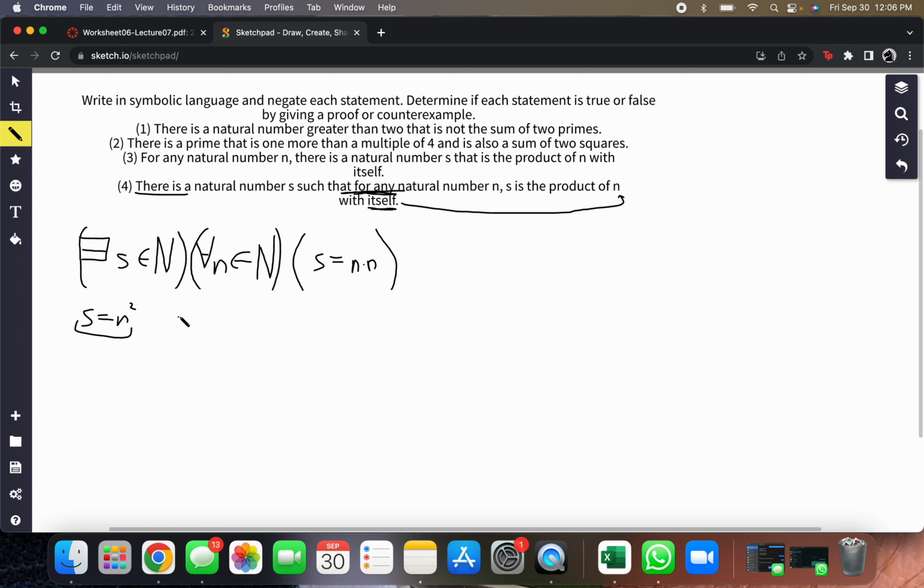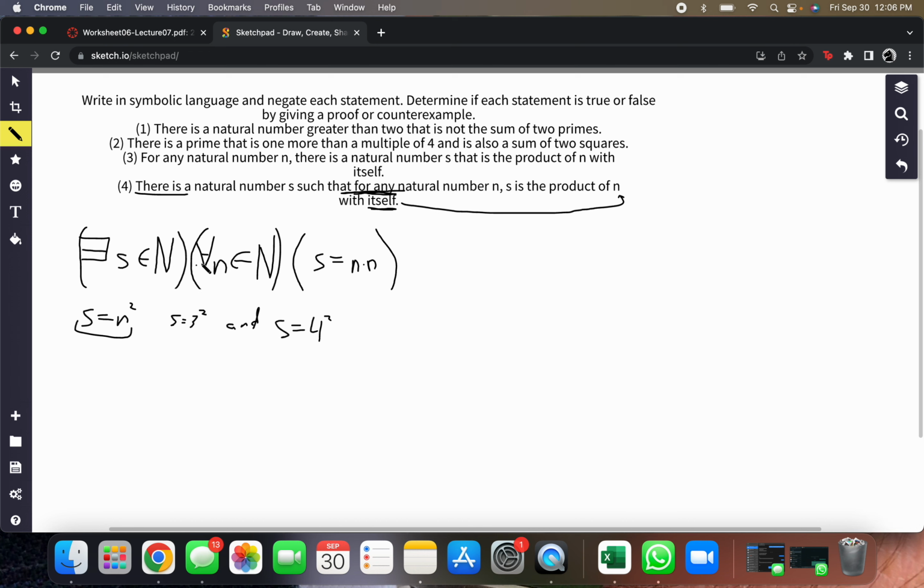So if we say s equals 3 squared and s equals 4 squared, both of these have to be true for our statement above to be true.